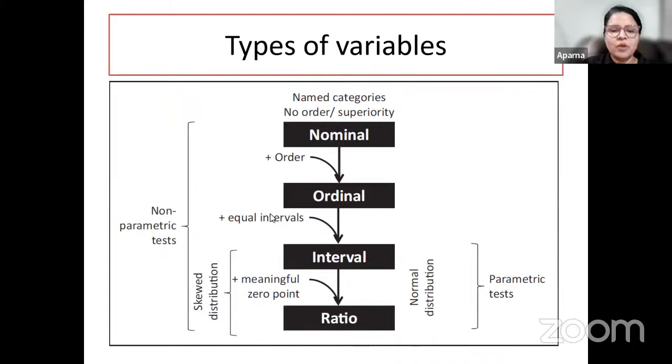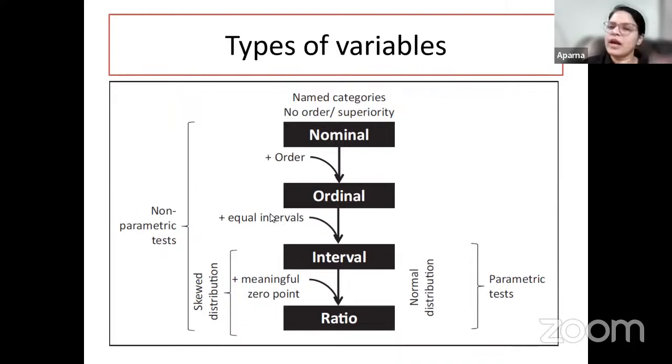So let me give an example of interval variable and ratio variable. When you have numerical data where there is equal interval between the values, but there may not be a very meaningful 0 point. For example, if you have temperature represented on the Celsius scale, 36.5 may represent a normal temperature, whereas if somebody has a temperature of 37.5, you know that the temperature is 1 degree Celsius higher.